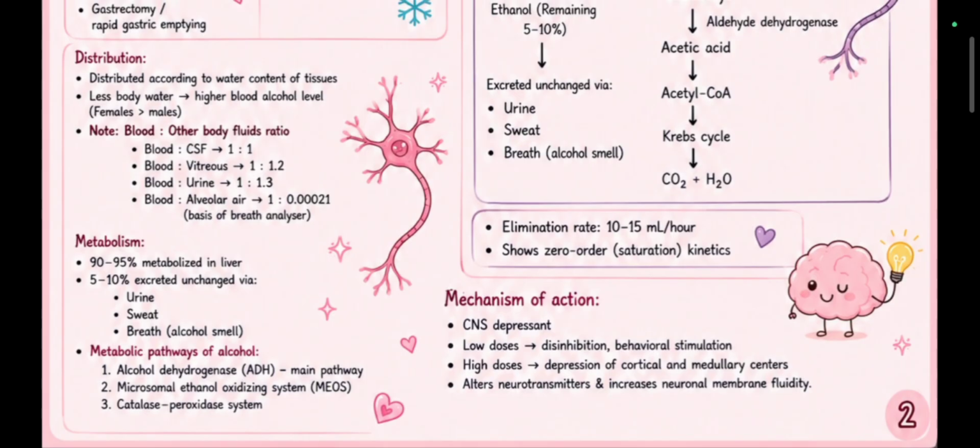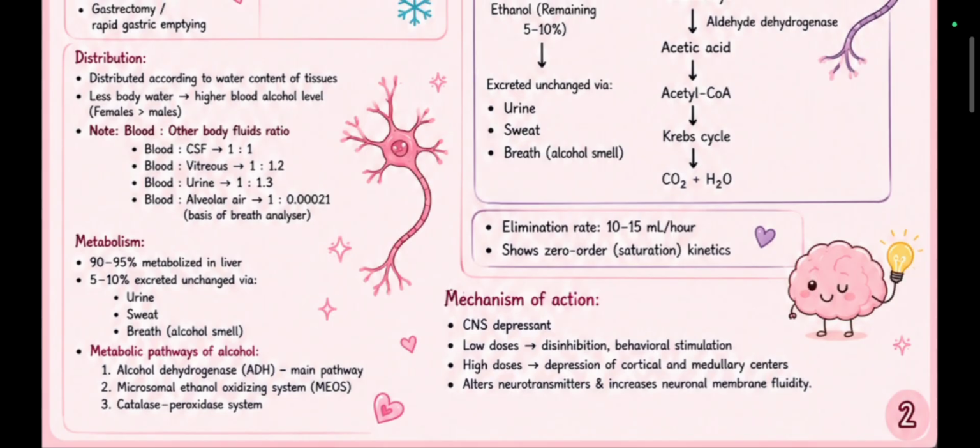So disinhibition means there would be more talking, becoming over friendly, or laughing excessively. These are the result of depression of the brain's inhibitory centers. Obviously, if the inhibitory centers of the brain are depressed, then the stimulatory action would occur. That is why there would be more talking, more laughing, becoming over friendly with people. So these are the examples, and there would also be behavioral stimulation.